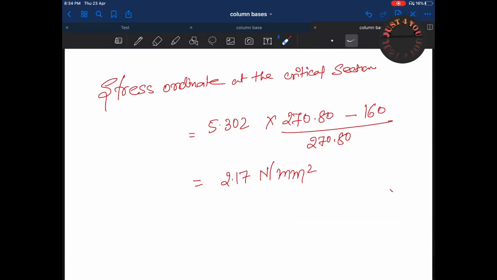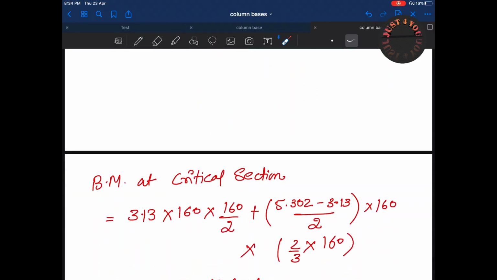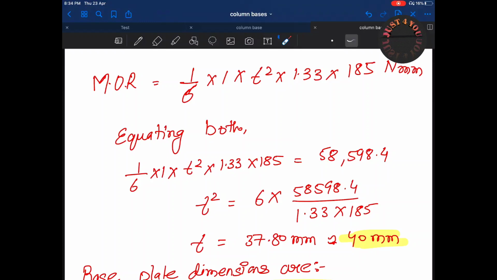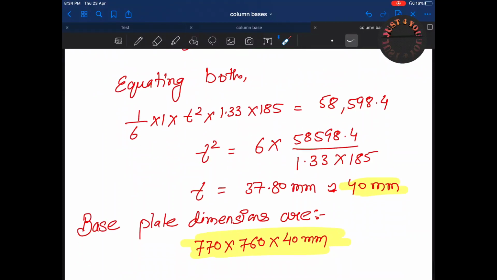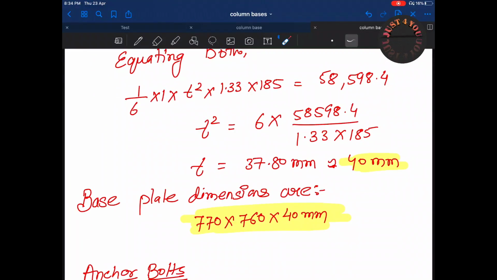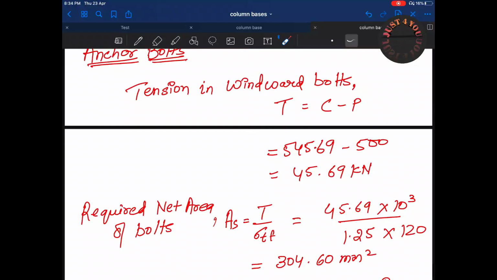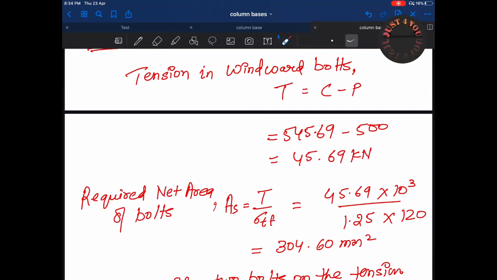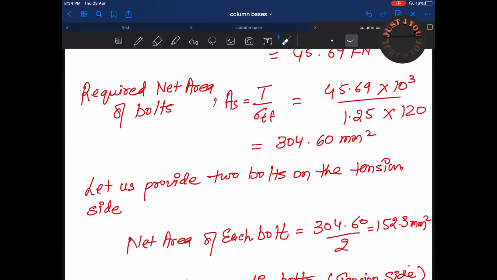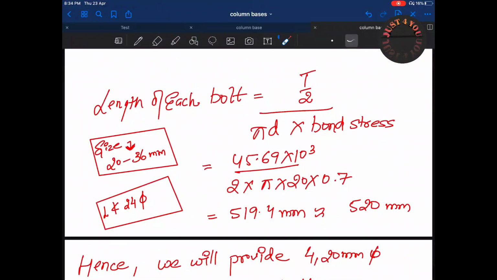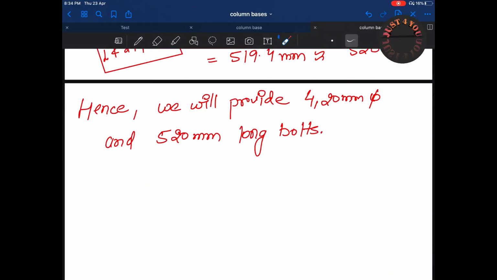By knowing the ordinate at the critical section, we calculate the bending moment at the critical section, and we equate it with the moment of resistance, and from this we can find the value of T, that is the thickness of the base plate. After that, we have to design the anchor bolts based on the design steps and find the length of the bolt from this equation. So that's it, guys.